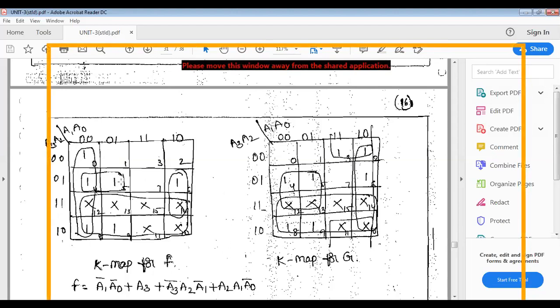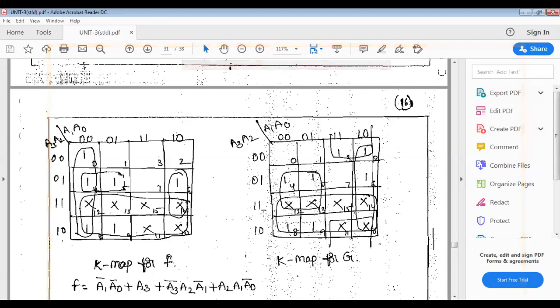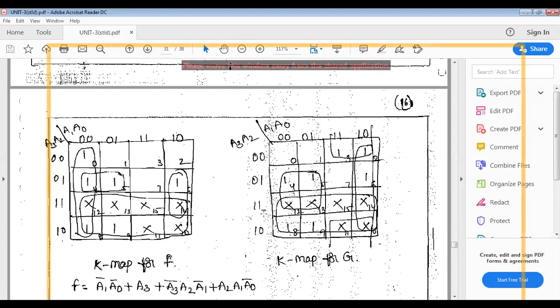It is a 4 box combination, including the don't cares 13 and 12. And for 6 and 14 also, don't go for the 2 box combination. There is a 4 box combination for 6, 14 and 4, 12. So use the 4 box combinations. Always go for a maximum box combination to reduce the number of literals in the Boolean function.